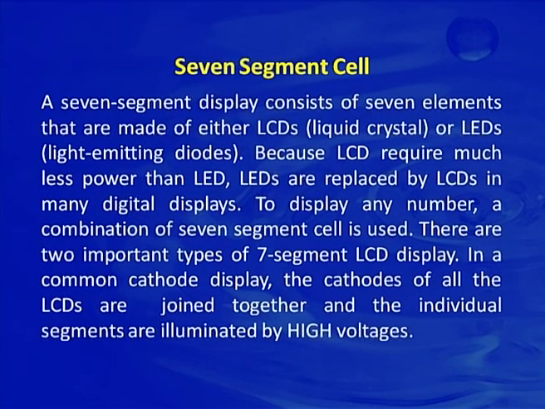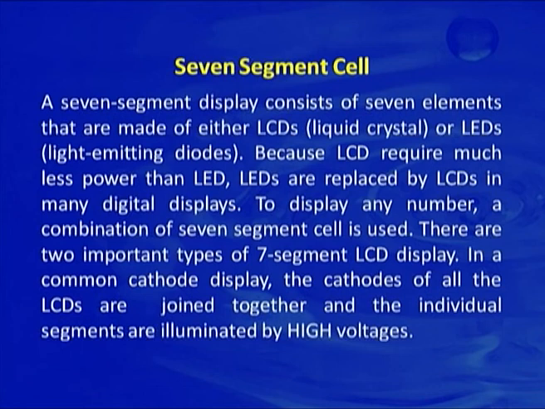A 7 segment display consists of 7 elements that are made of either LCD, liquid crystal, or LED, light emitting diodes. Because LCDs require much less power than LEDs, LEDs are replaced by LCDs in many digital displays. To display any number, a combination of 7 segment cells is used. There are 2 important types of 7 segment LCD display.